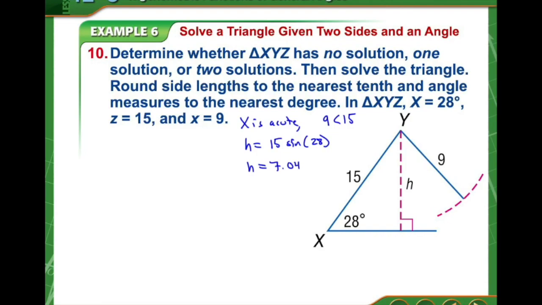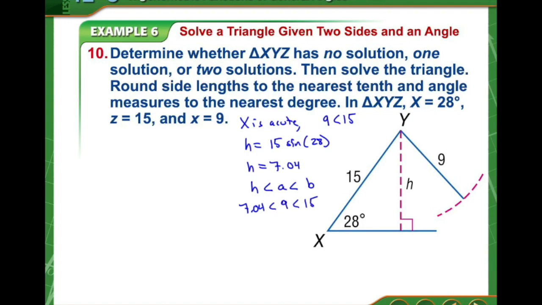Well, our height now is less than both of the two sides, right? That's good. So our height is less than A, which is less than B. In other words, 7.04 is less than 9, which is less than 15.